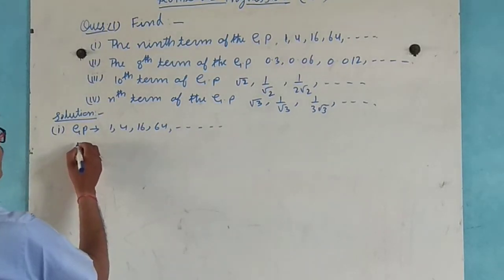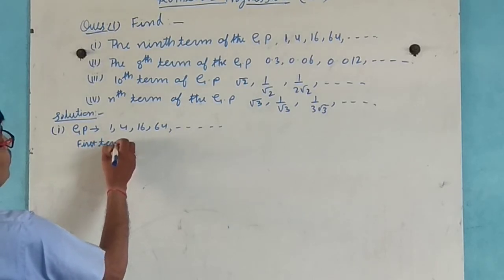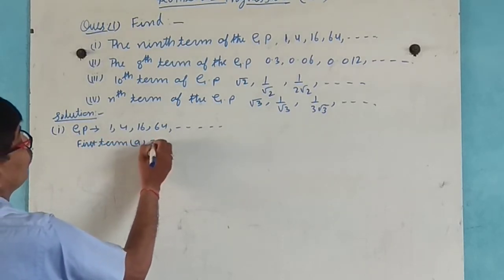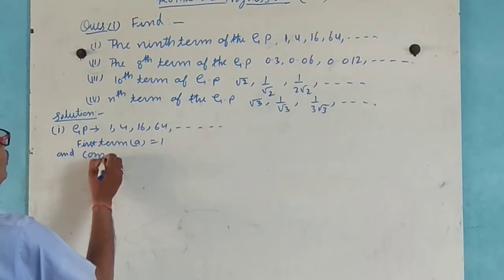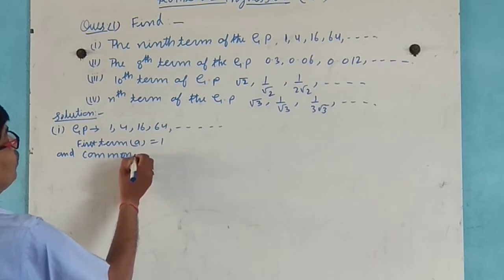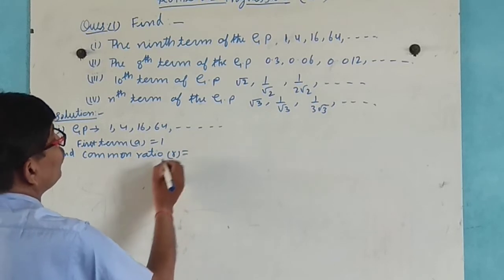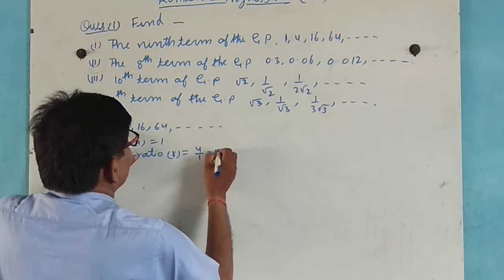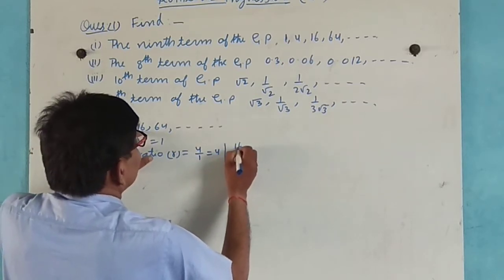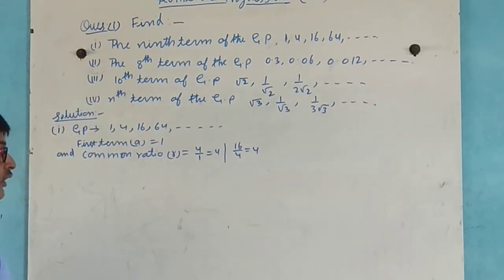Here the first term A is equal to 1 and the common ratio R is equal to 4 by 1, which is 4, or 16 by 4 equal to 4, or 64 by 16 equal to 4.